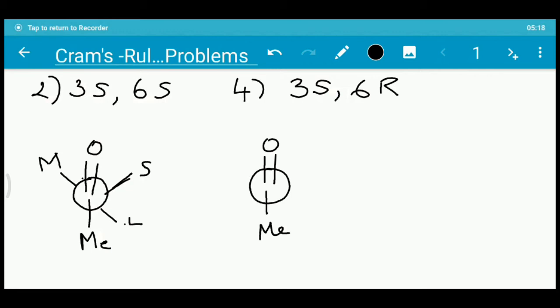So when we try to draw the structure, again the respective groups, I have my methyl here, I have my hydrogen here, and I have the largest group here.